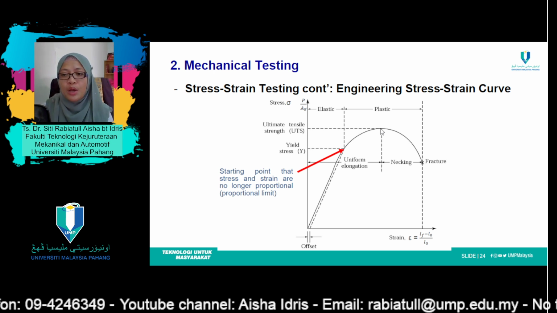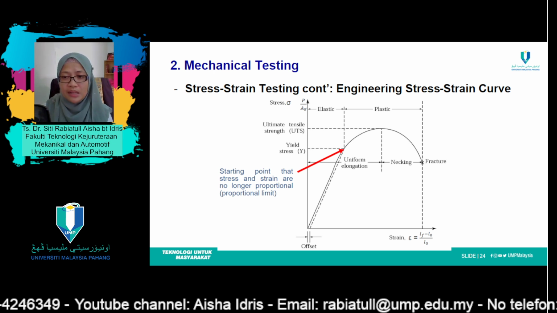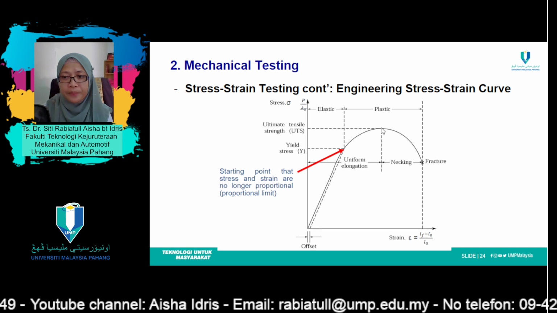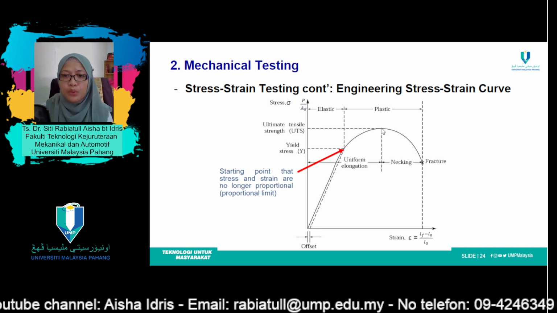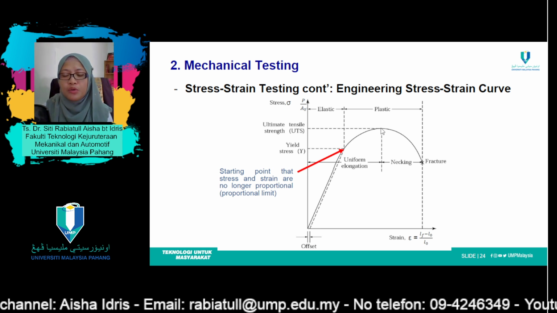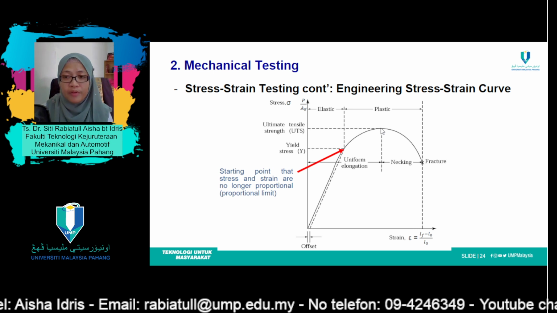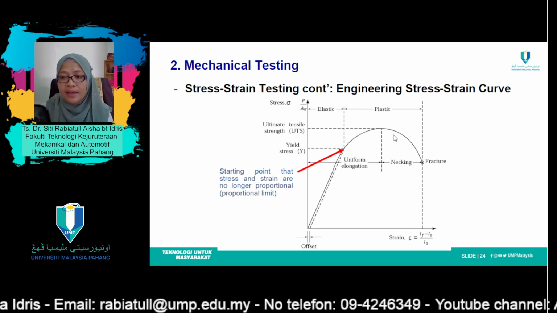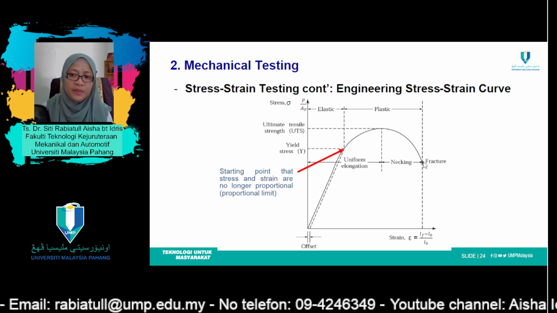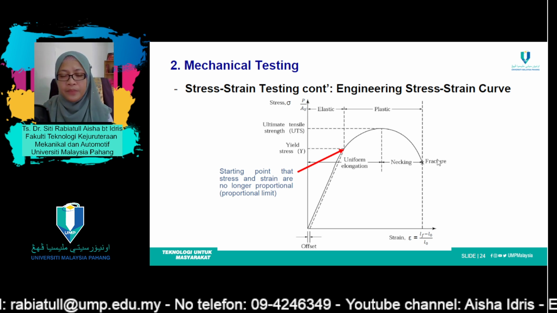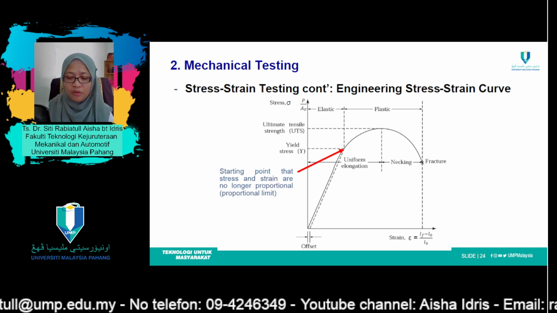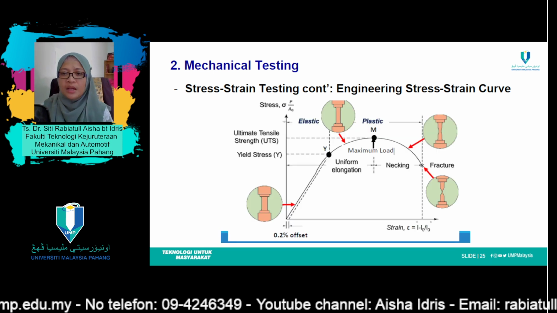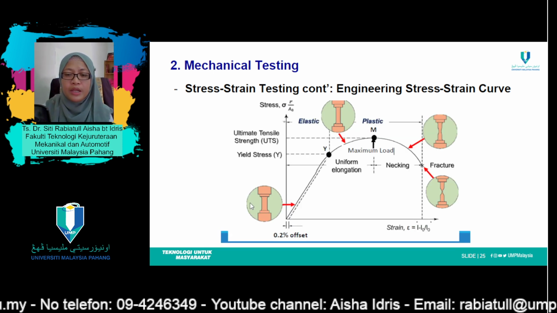maximum point, which is known as the ultimate tensile strength, UTS. After this point, as you keep increasing the force, it will start necking until it reaches fracture, and finally the specimen fails or breaks. Now let's look at the illustration.